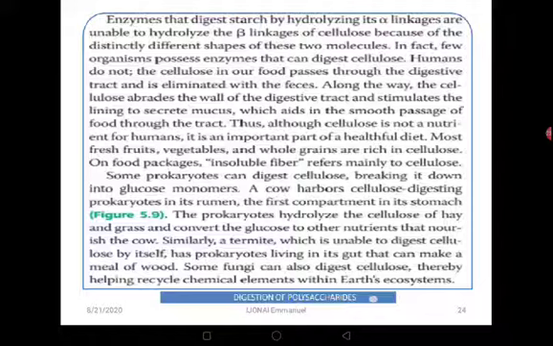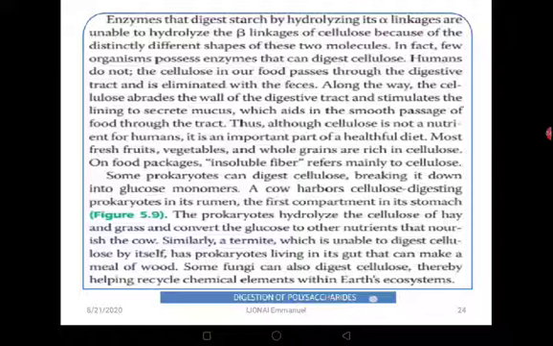Along the way, the cellulose abrades the walls of the digestive tract and stimulates the lining of the digestive tract to secrete mucus, which aids in the smooth passage of food through the tract. Thus, although cellulose is not a nutrient for humans, it is an important part of our healthful diet. Most fresh fruits, vegetables, and whole grains are rich in cellulose.